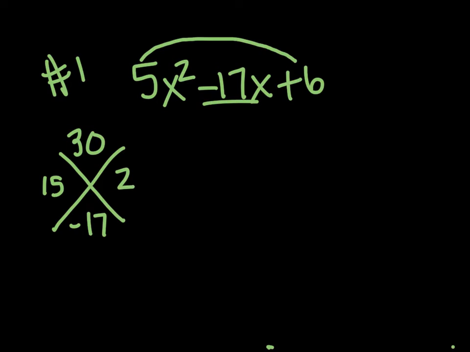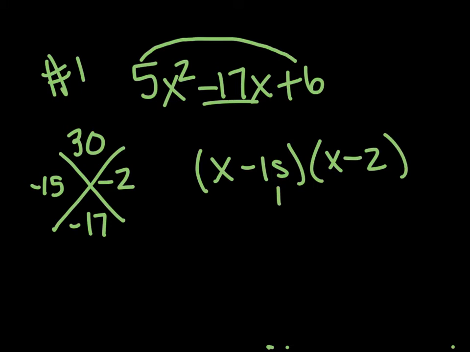So now let me show you guys why you can't go right from the diamond in these situations where it's not a 1 in front of your x squared. If you did like we did before and said, okay, x plus, and actually they both need to be negative, because a negative and a negative will give you negative 17, but a negative times a negative will give you positive 30. So you can't just do like we did last time and do x minus 15 and x minus 2.